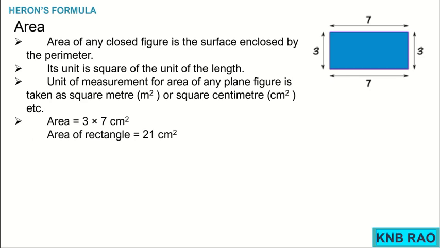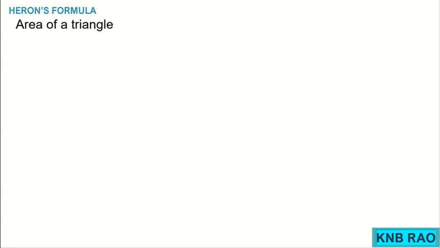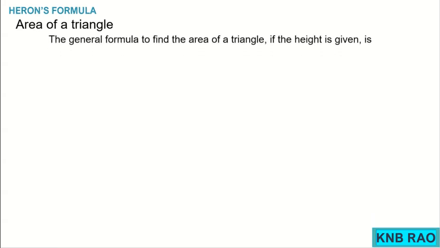Now let us discuss the area of a triangle. Generally what you have learnt is when the height of it is known. So the general formula to find the area of a triangle, if the height is given, is already learnt by you.